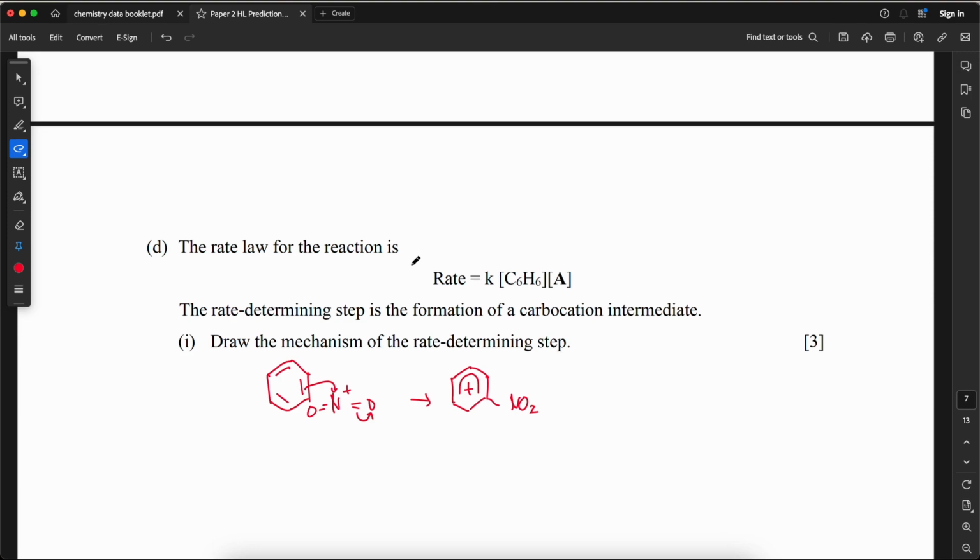Nitric acid or HNO3 is not involved in the RDS, but it reacts to produce the NO2 plus intermediate. Since the rate determining step involves the reaction of the NO2 plus ion, of course it will always be involved in the rate of reaction. So that's why the order of reaction of HNO3 is 1.